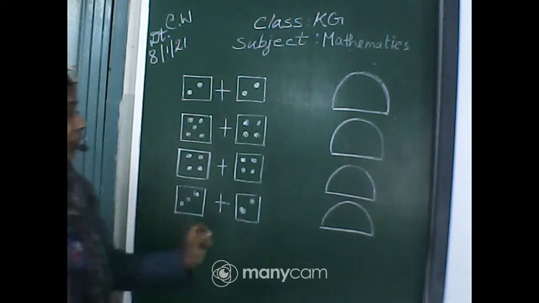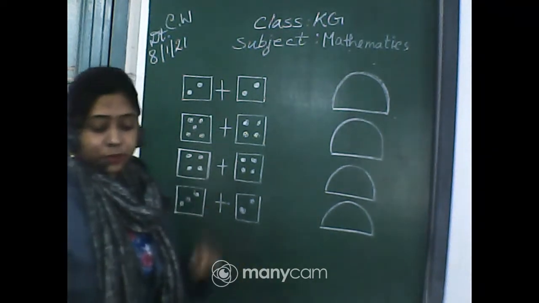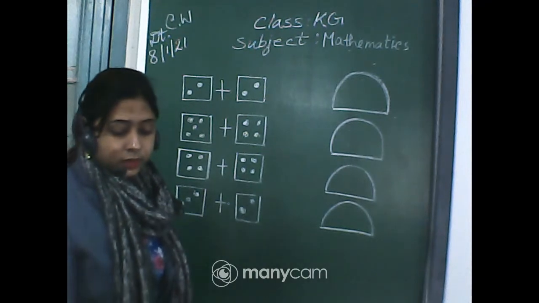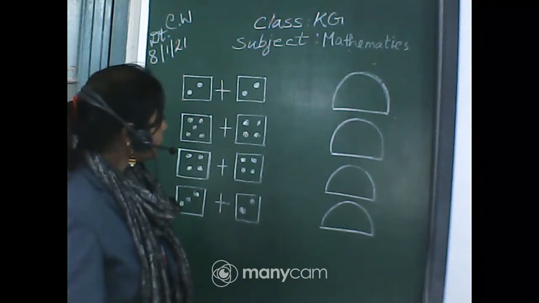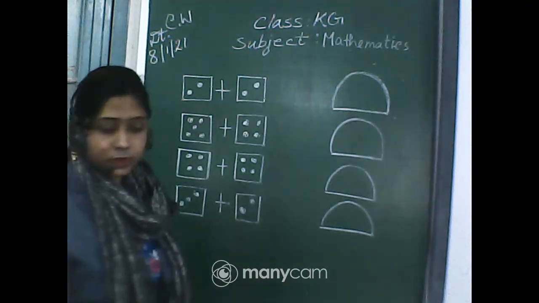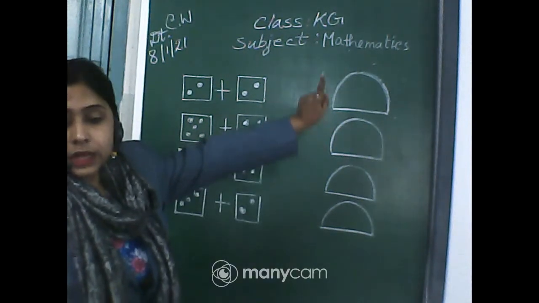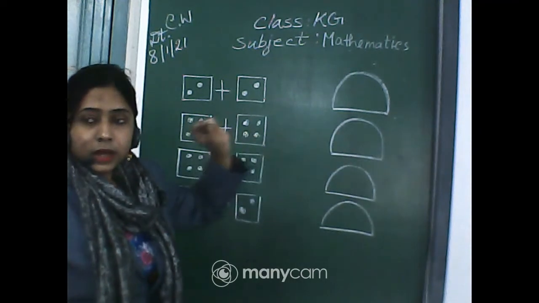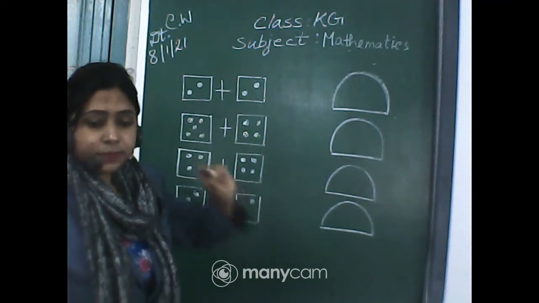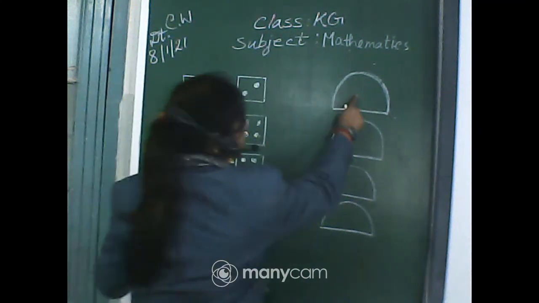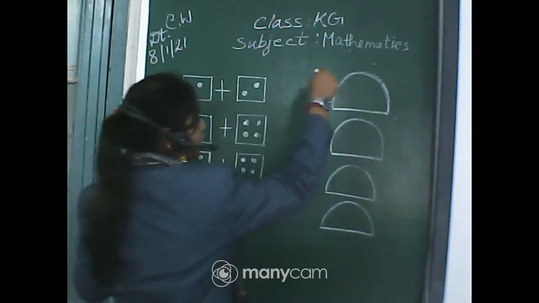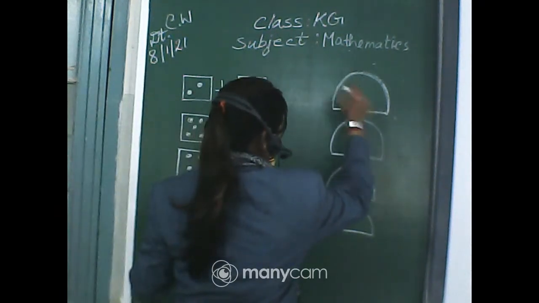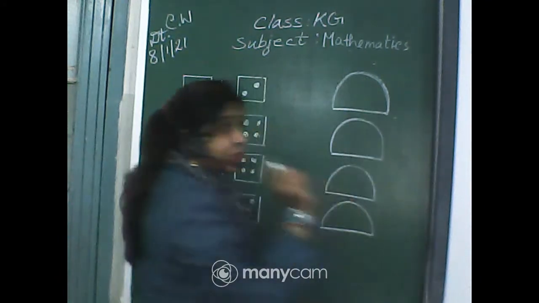You have completed already. So now this semicircle, the first semicircle you will draw. Very good, Afrin, and all of you. I hope you have already done this first semicircle. You should draw in the middle, in this portion of the semicircle, 8 dots.